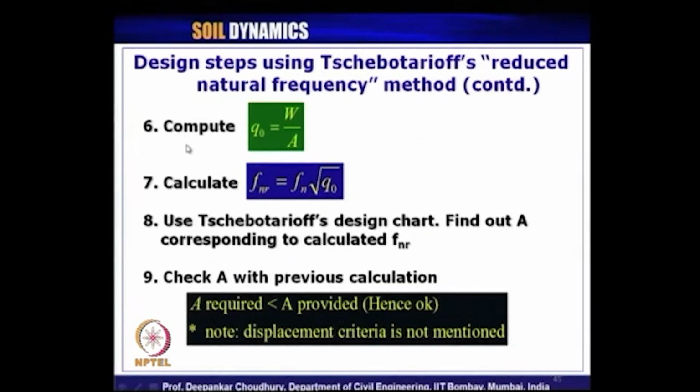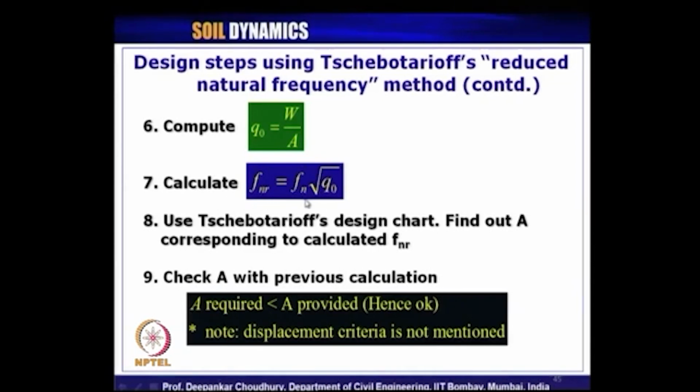Next step is compute that Q naught, contact pressure, from this calculated value of W and assumed value of A, what you have selected. So, you will get the Q naught value. Seventh step is calculate that reduced natural frequency of Tschebotarioff using this equation.